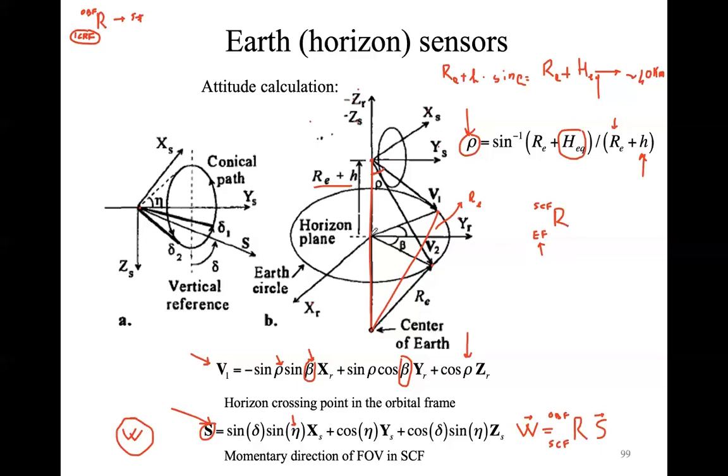But if you translate, and since we are looking at the orientation of vectors, that's the main point here, you can easily see that if you put this reference frame at this point here, it is very close to the orbital reference frame of the spacecraft. So if you report here X_R and Y_R basically constant to Y_S, you can see that V1 is exactly defined as it is written here.